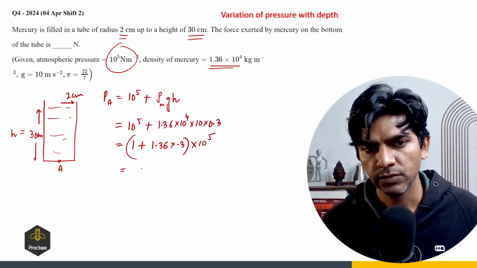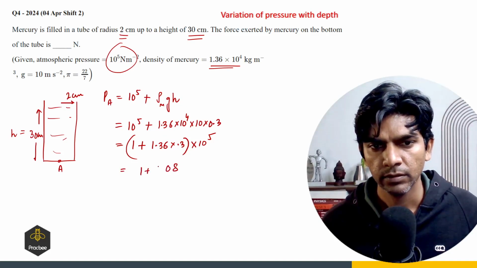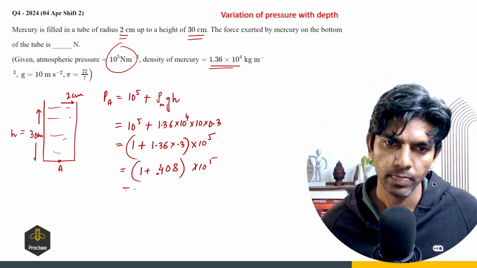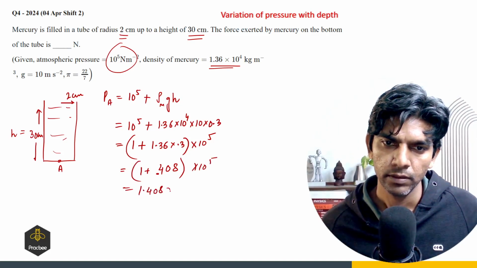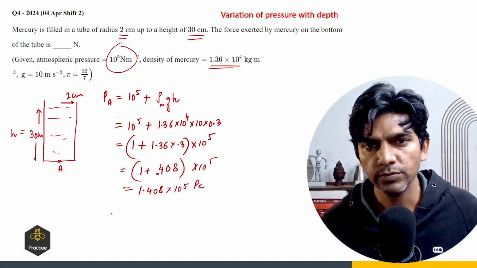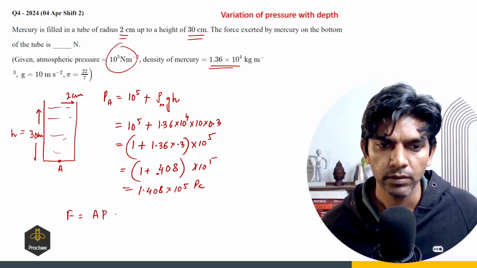Or I can write this as 1 plus 0.408, so that will be 1.408 into 10 raised to power 5 Pascal. So we got the pressure at the bottom. So what is the force? Force will be area times the pressure.